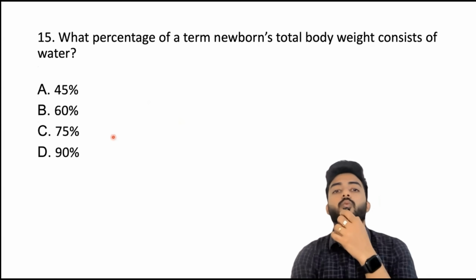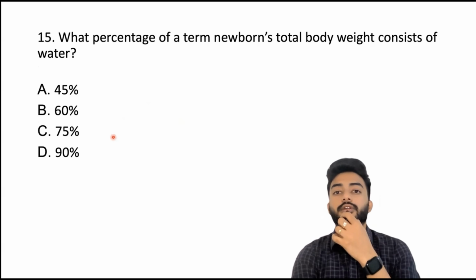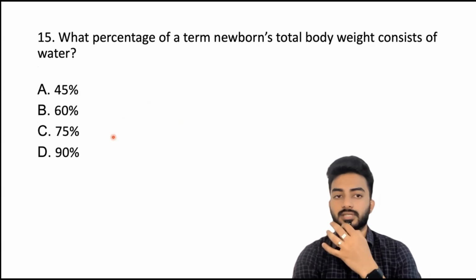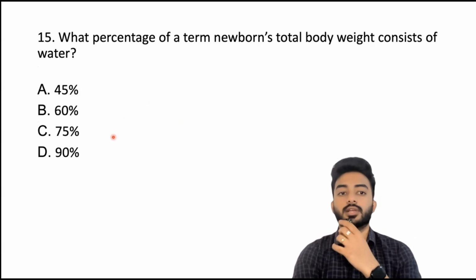Next question. What percentage of a term newborn's total body weight consists of water? So whether it is newborn or adolescent or adult, this total body weight water percentage is usually asked in NEET SS, one question per year, per session. So we have to know all the percentages.